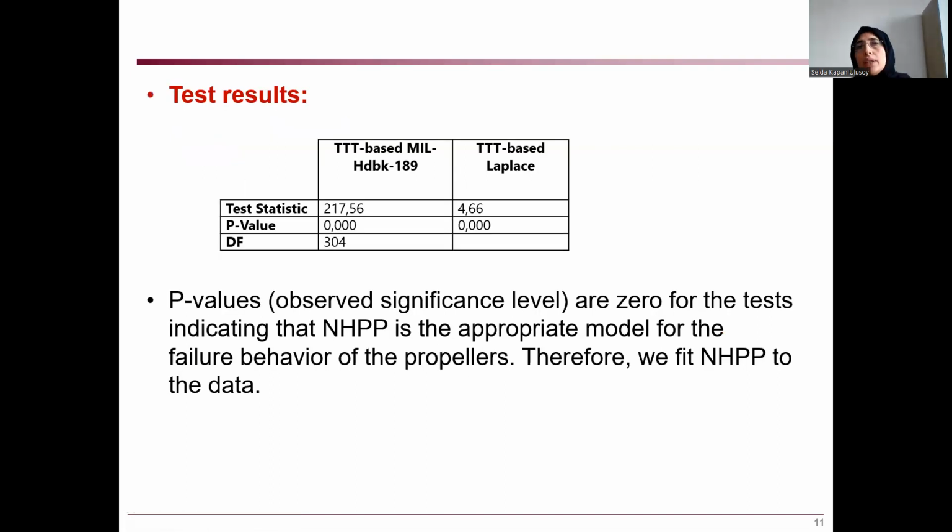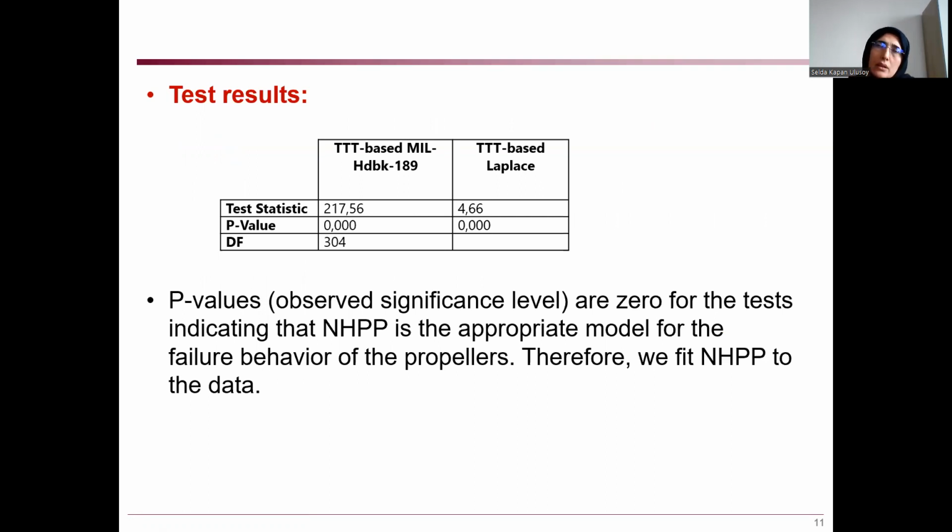Now, let's look at our test results. As you can see from the table, p-values are 0 for the tests, indicating that the NHPP is the appropriate model for the failure behavior, so we rejected H0.